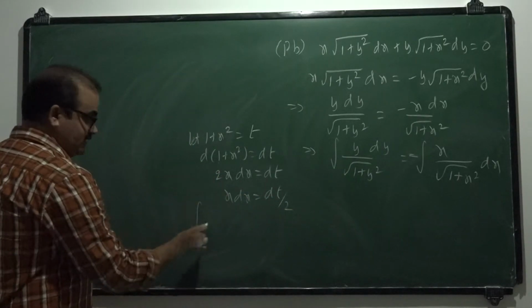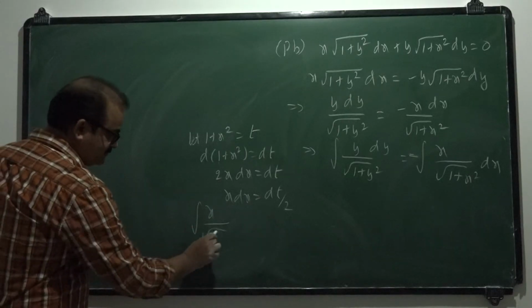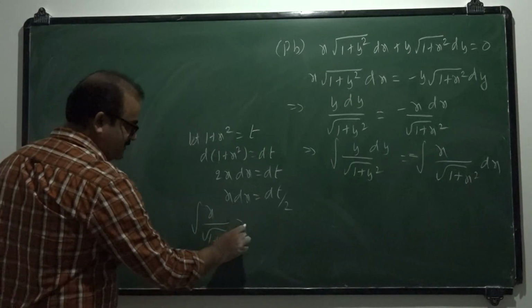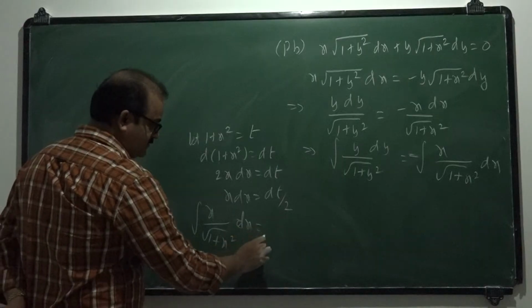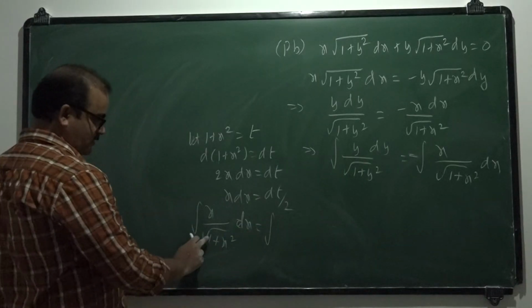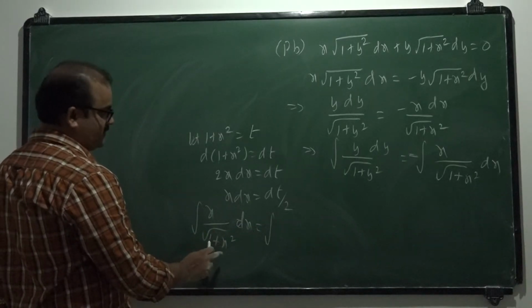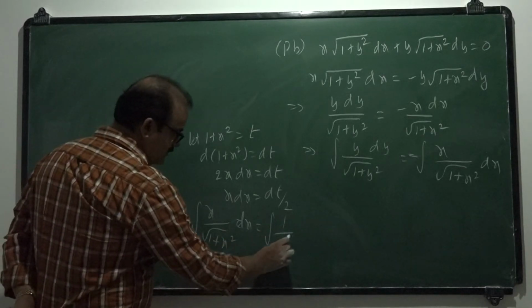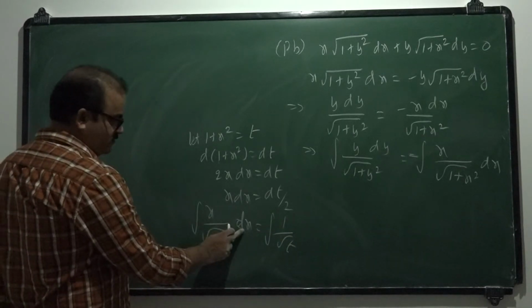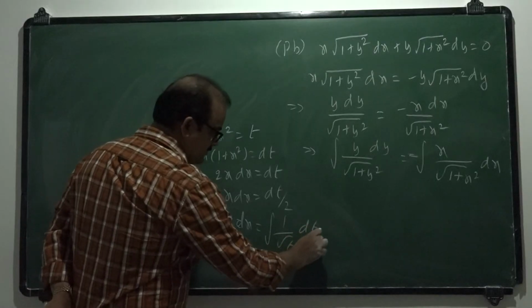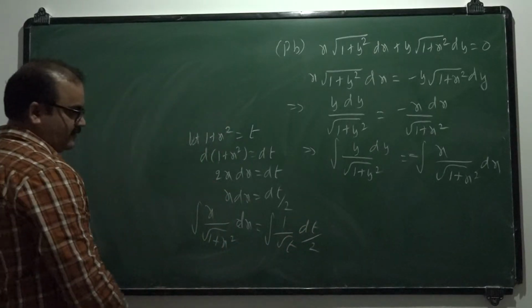Now RHS, integral x by root 1 plus x square into dx is equal to integral of, 1 plus x square is t, 1 by root t, x into dx, that is dt by 2.